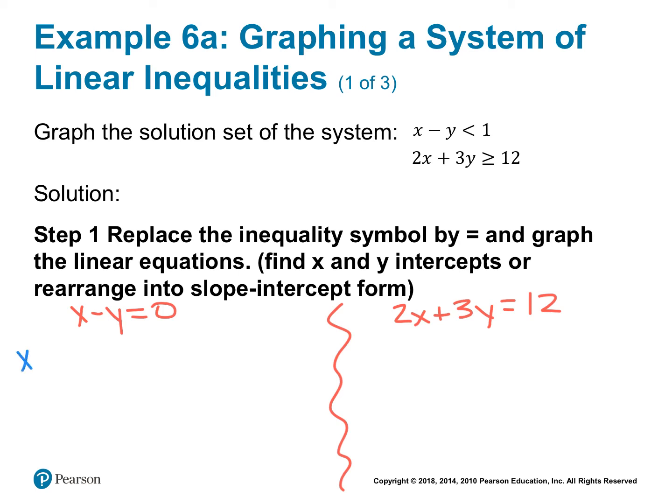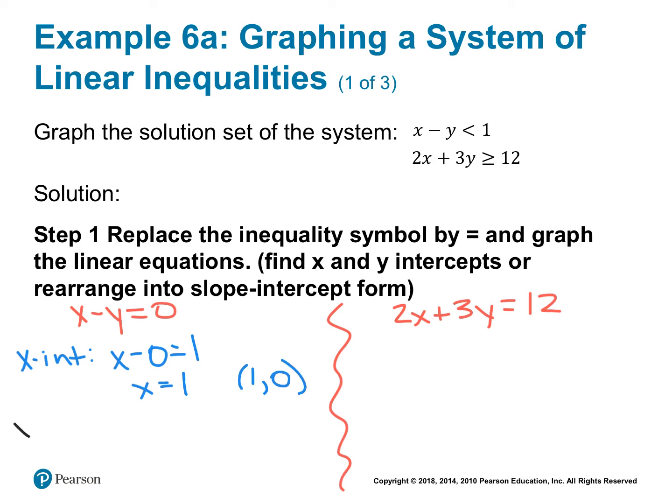So the x-intercept, we're going to replace the y with 0. So that's just x equals, sorry, that should have been a 1 right here. So x equals 1 when y is 0. So our coordinate is 1, 0 there.